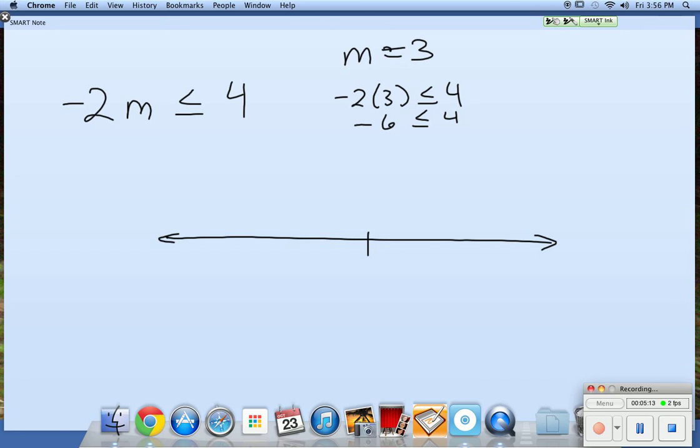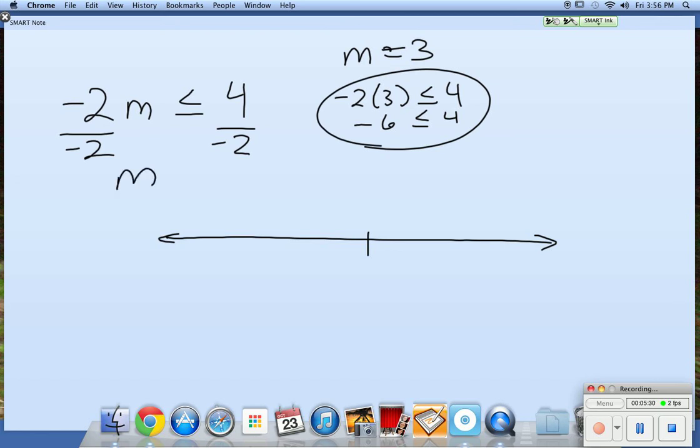So let's go ahead and solve for m on this one. Let's divide both sides by negative 2. This might be a little confusing right now, but I'm going to clear this up because we aren't going to do this all the time. I'm just showing you what's going on here. We would end up with m is greater than or equal to negative 2, remember we divided through by a negative, so we have to change that sign.